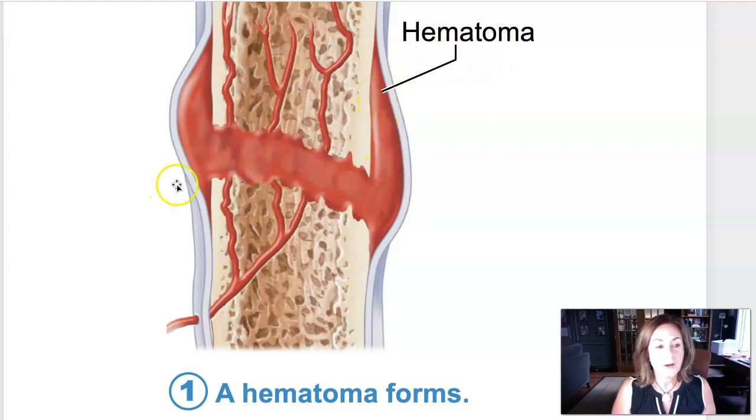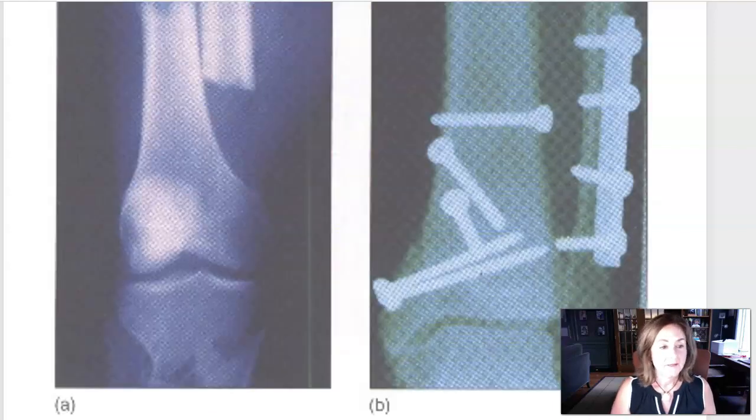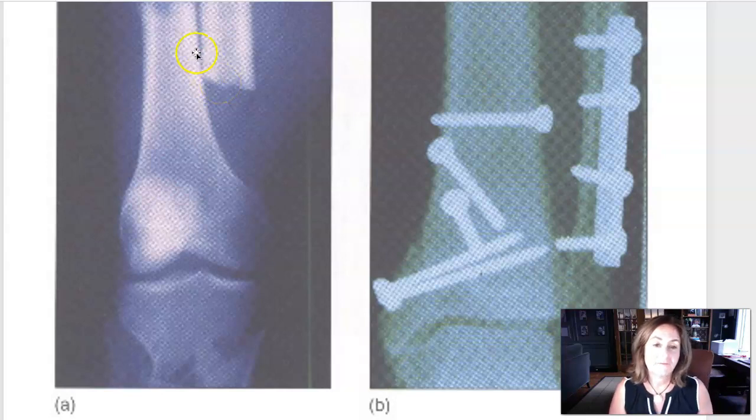Once the hematoma formation is there, the next thing you have to consider with a fracture is whether the broken ends need to be realigned. Just to show you a picture here, you can see a dislocation of the bones. We would need to approximate the broken ends and immobilize it with a cast, something like that, or with a surgical procedure.